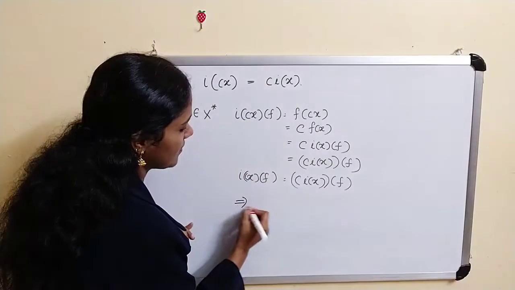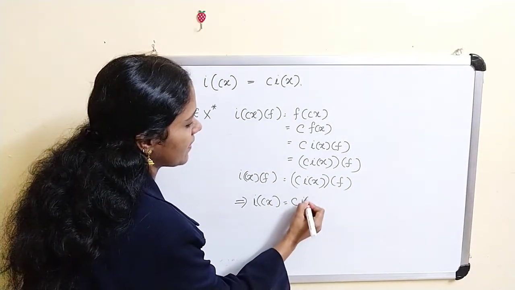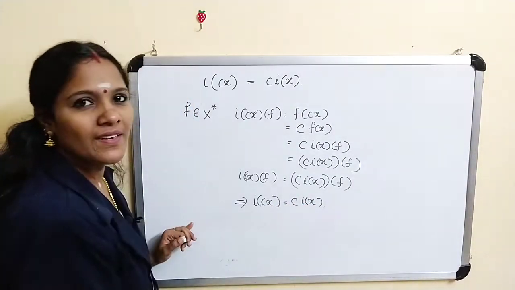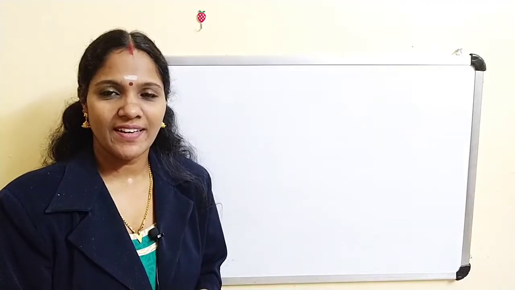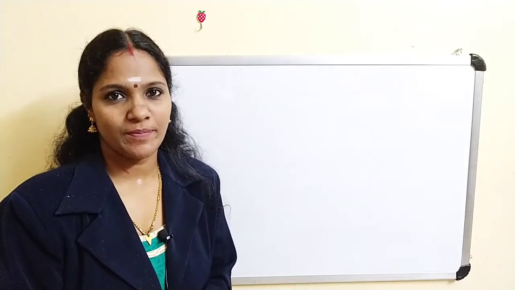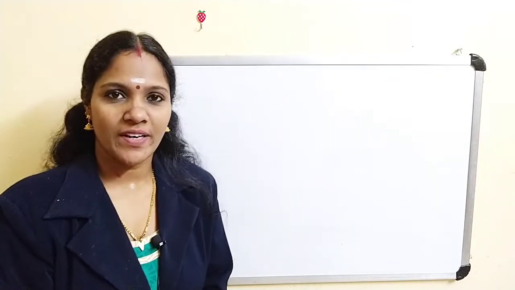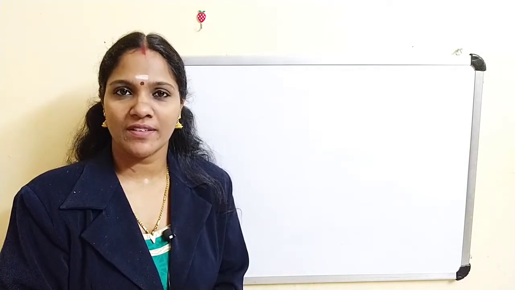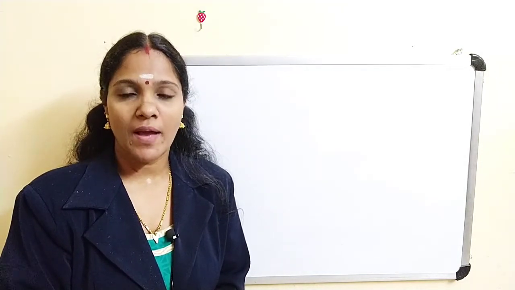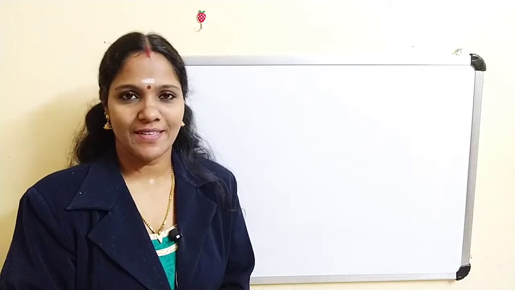This implies I of cx is equal to c I of x. Thus we get I of x plus y equal to I of x plus I of y. Also we get I of cx equal to c into I of x. This implies our map I is a linear map from x to x double star.